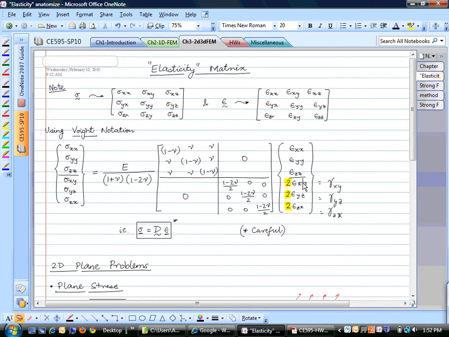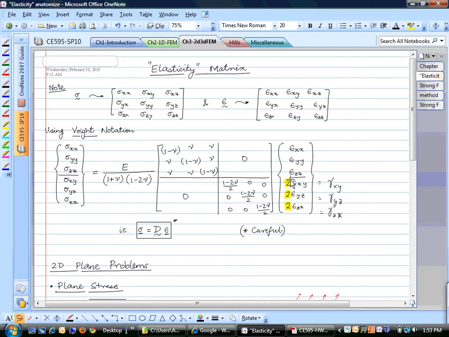And another reason for using this factor of 2 is that it makes this stiffness matrix, or this material elasticity matrix, a symmetric matrix. Another way of thinking about this factor of 2 is that if you had started out with a 9 cross 1, then this matrix would be a 9 cross 9 matrix. This vector would be a 9 cross 1 without the factor of 2, and all that you've done is folded the 3 equations up onto this part.